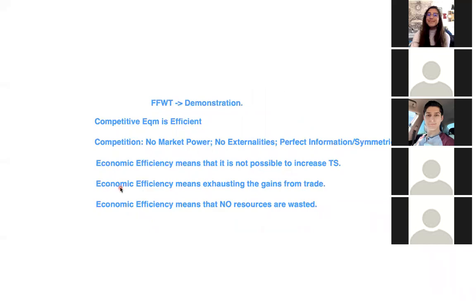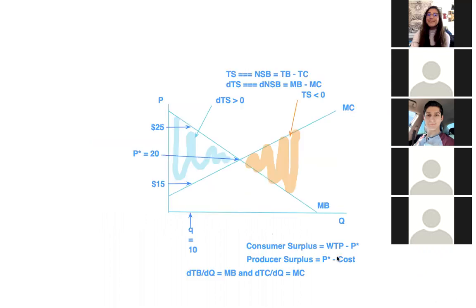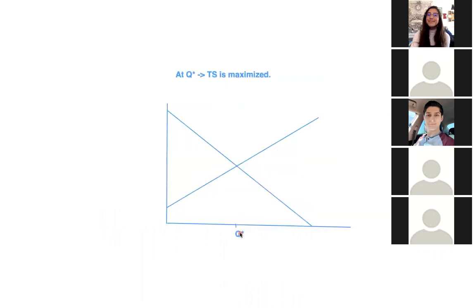In mathematical terms, economic efficiency means that the derivative of the net social benefit goes to 0 as Q, which is the quantity of output, goes to Q star. Okay.